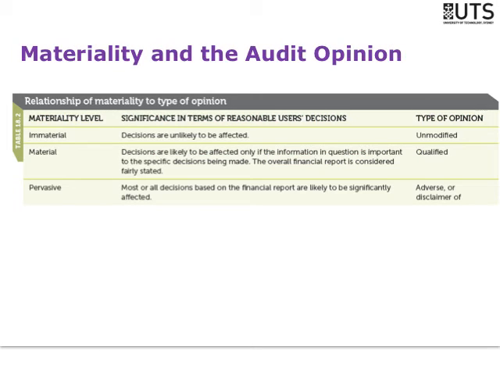Okay, so as we talked about, immaterial is when decisions are unlikely to be affected. We use the threshold that if the account is less than 5% misstated, then it's unlikely to affect our decisions. We issue an unmodified opinion. Material is when decisions are likely to be affected for that particular account.